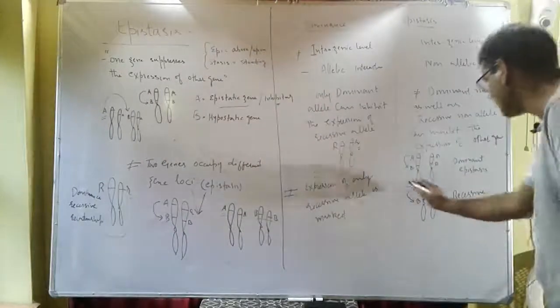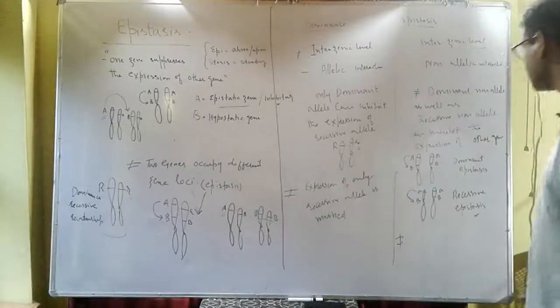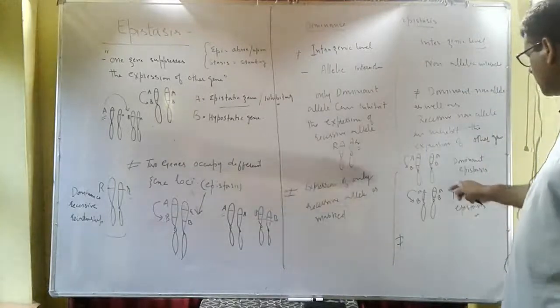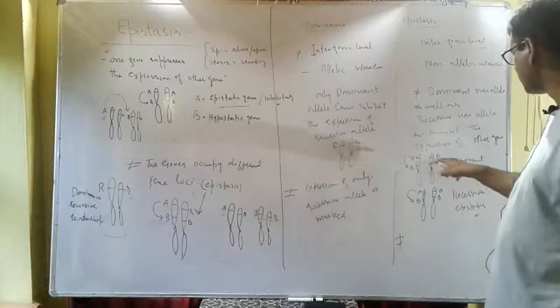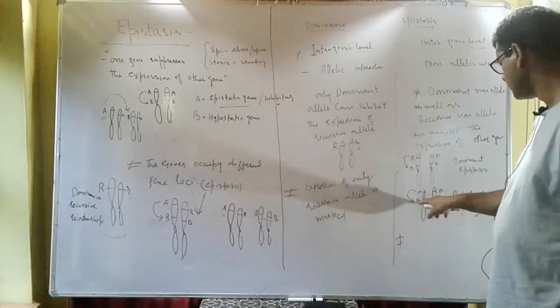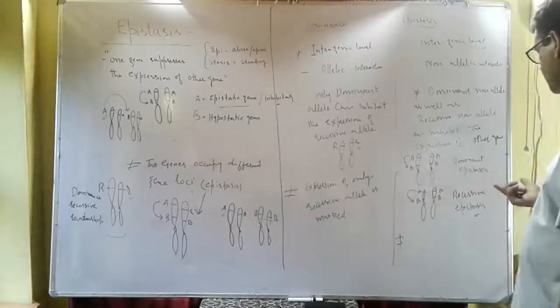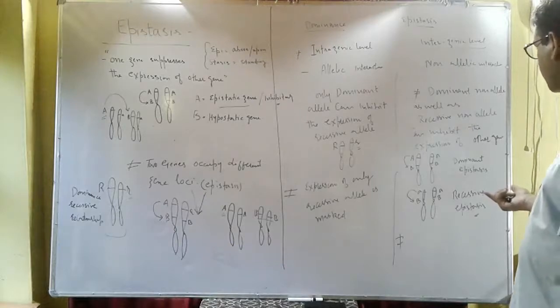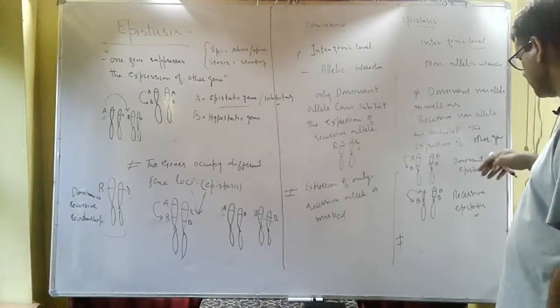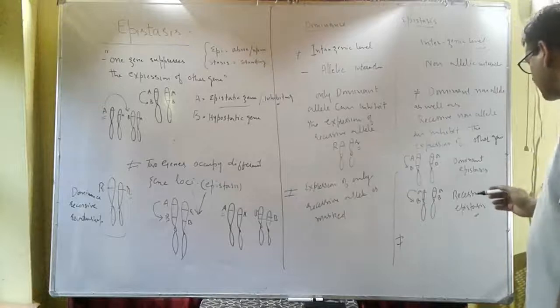While in case of epistasis, the expression of both the dominant allele as well as the recessive allele can be suppressed. So it would be like this.